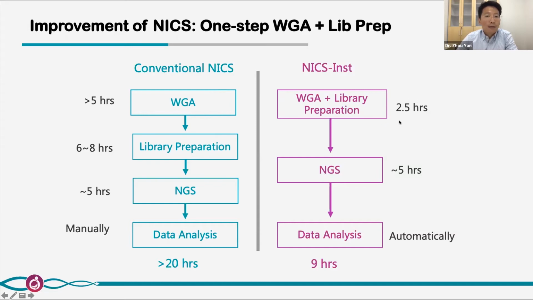After that, the library will be ready for sequencing, so it is a huge amount of time saving. Before, it was manually curated data analysis, but now we have adopted a fully automated system. So the total time for the whole assay is shortened to 9 hours, a significant jump from a 1 day or 1 and a half day procedure.